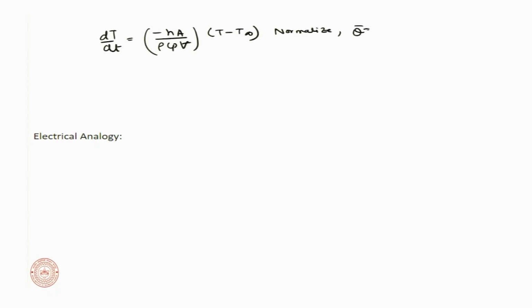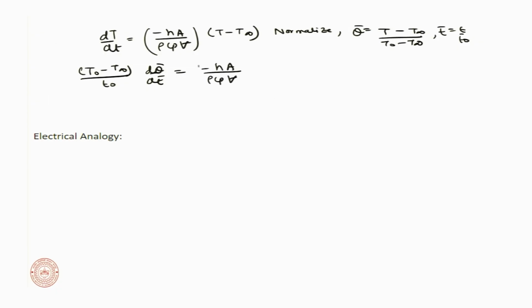We can take theta bar as (T minus T infinity) over (T naught minus T infinity), and our time as t over t naught. If we substitute this, then (T naught minus T infinity) over t naught d theta bar by dt bar will equal minus hA over rho Cp V, (T naught minus T infinity) into theta bar.